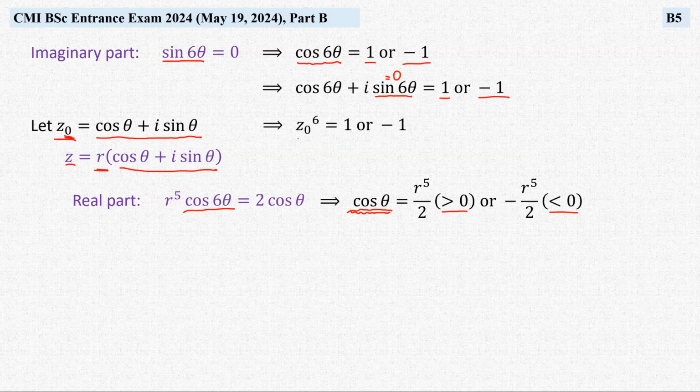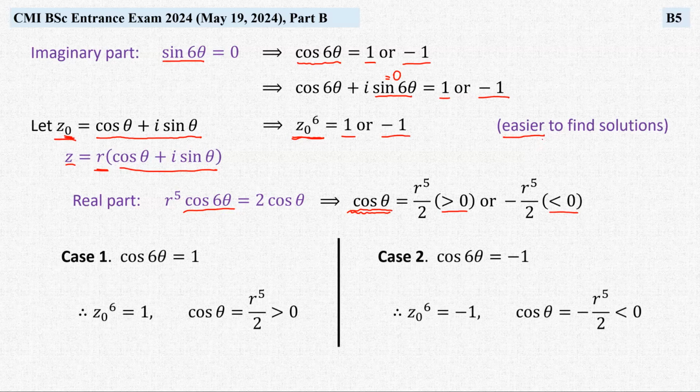Then, the above relation can be written as z0 to the 6th power is equal to either 1 or negative 1. This discovery will benefit us greatly because these are equations that are much easier to solve compared to the original equation given in the problem.